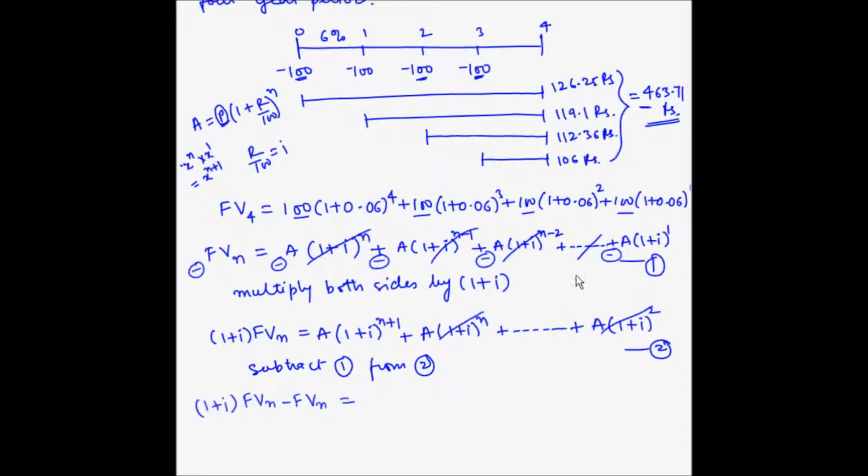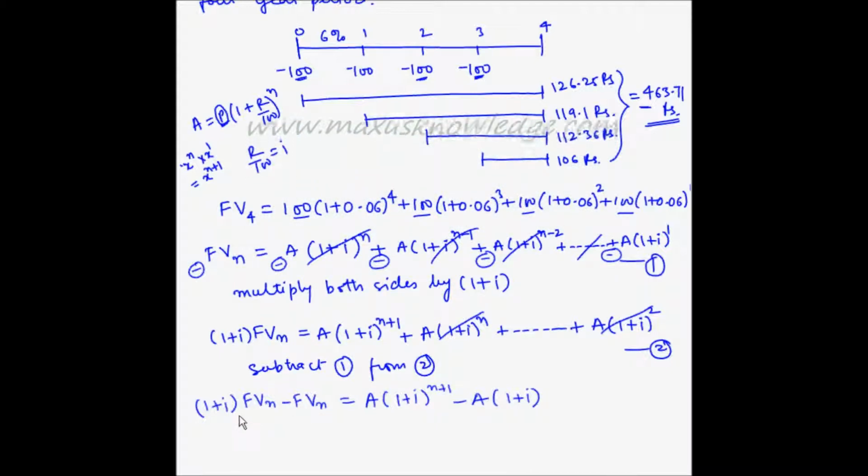All these will get cancelled. So after cancelling all these, what we are left with is A into 1 plus I to the power n plus 1 minus A into 1 plus I to the power 1, which is the same as A into 1 plus I.